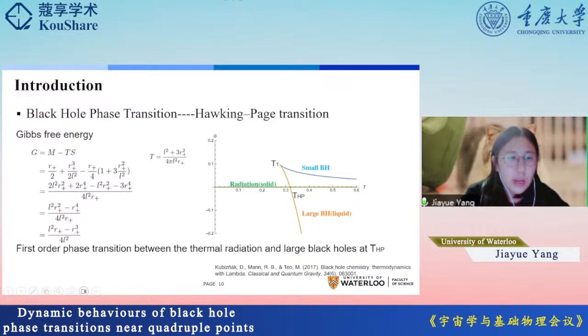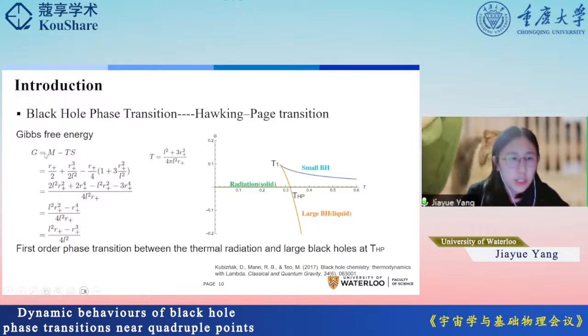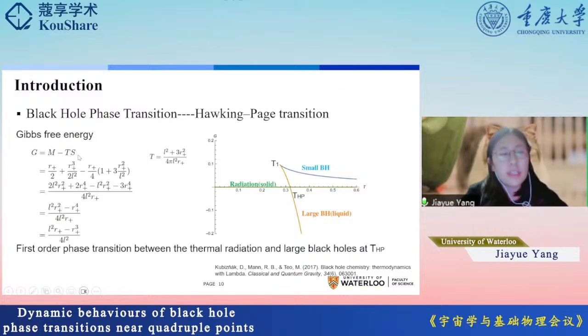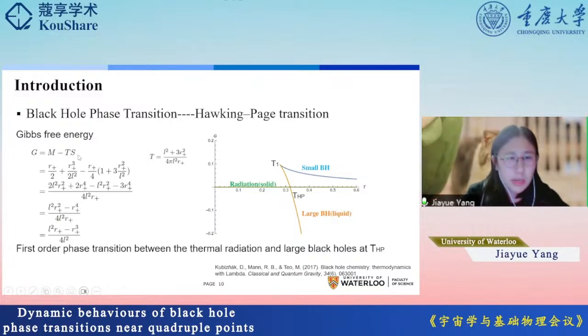And we can also compute the Gibbs free energy G, which is the enthalpy minus the temperature times the entropy. So it's M minus TS. Plugging in the expressions of the mass, the temperature, and the entropy from the previous slides, we can compute the Gibbs free energy of the black hole system.